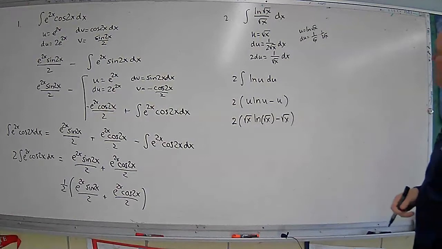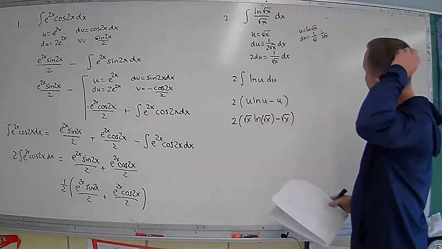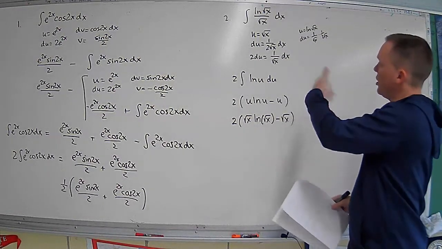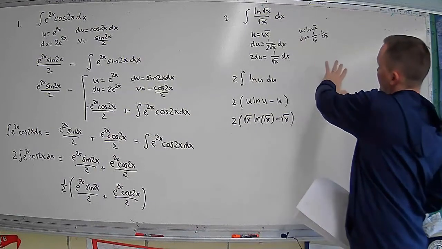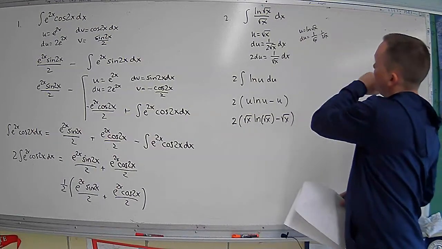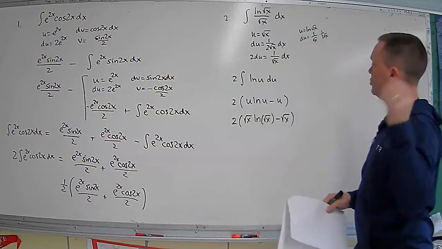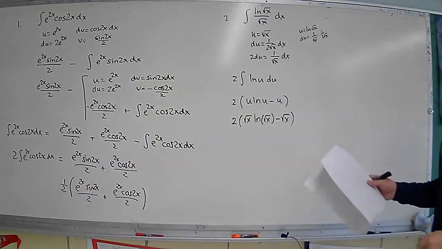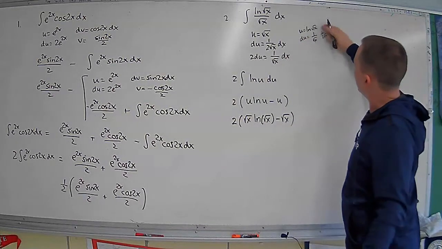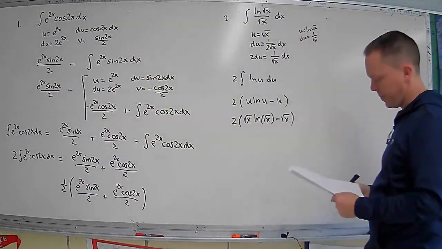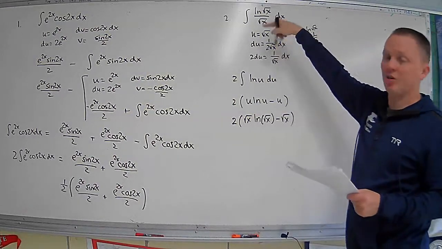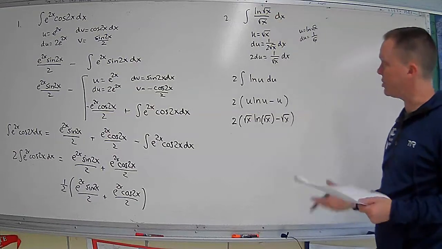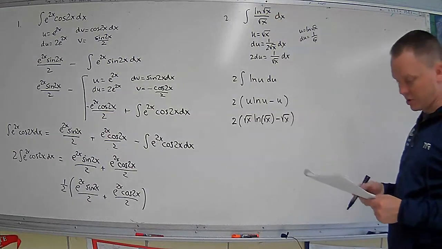So couldn't do it that way. At least there's other ways that you could have done this, but you couldn't do it that way and end up just integrating u du. That's the problem. Most people said, oh, du was 1 over radical x, which isn't true. Okay. A couple of people actually did end up integrating this by parts and got the correct answer also.